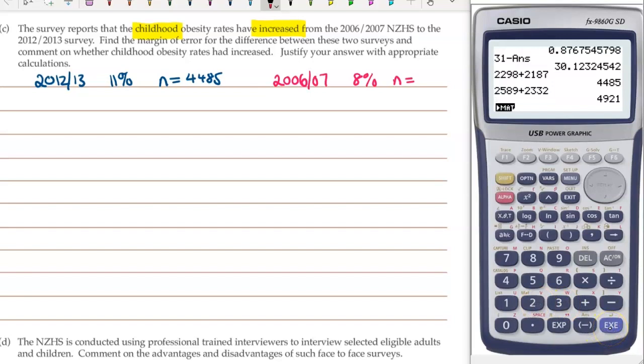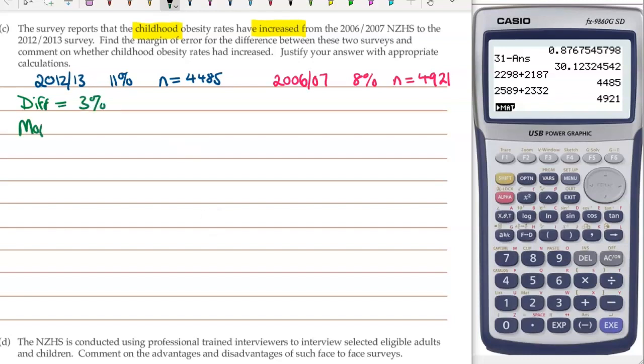So n is 4921. Okay, so the difference is 11 minus 8, which is 3%.